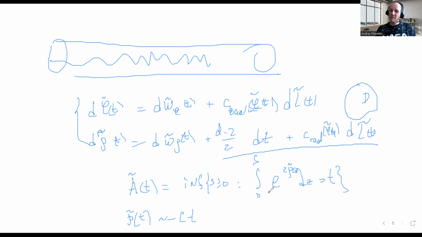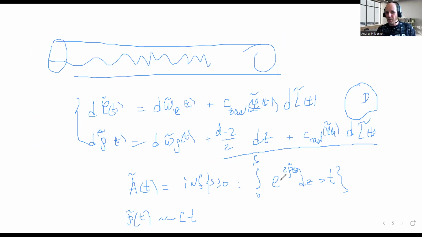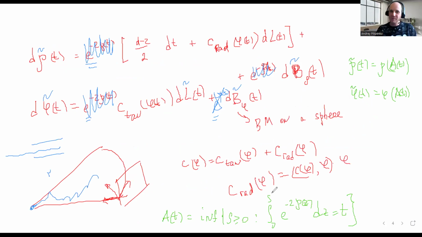And if you do this transformation of time, then you see you have integral of e raised to the power something, which is approximately a negative linear function. Then we will see that after inverse transformation of time, you hit vertex in infinite time.